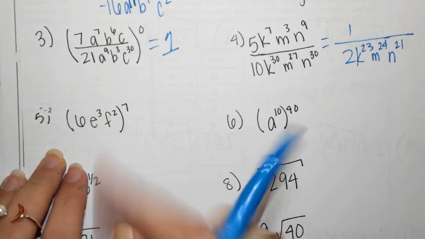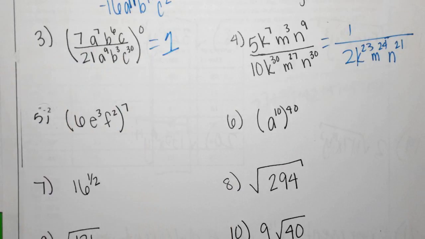All right, number 5. You have to raise everything in here to that exponent. So 6 to the 7th is a big number. Number 4, did you just leave all the rest of it off?